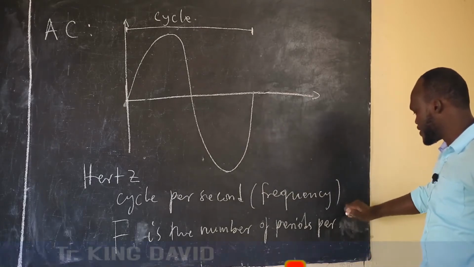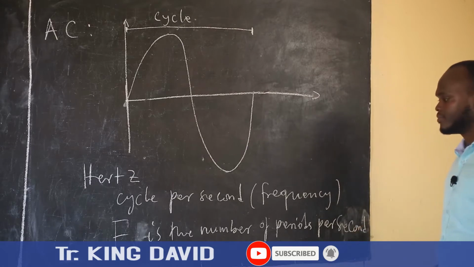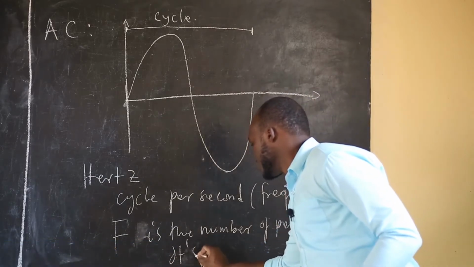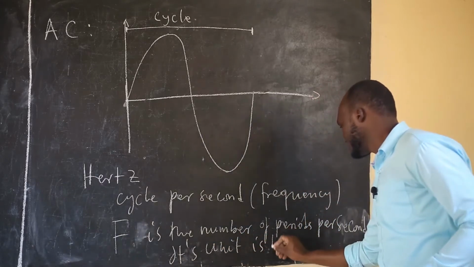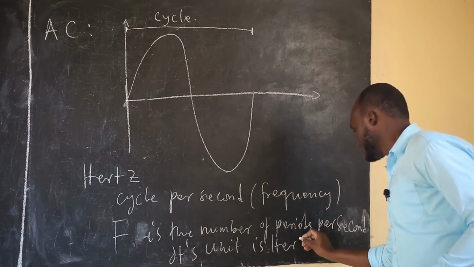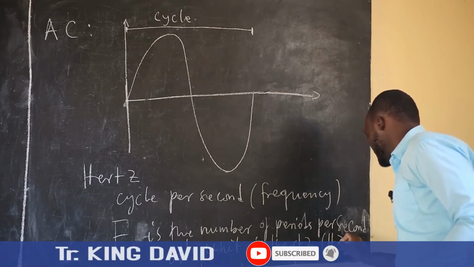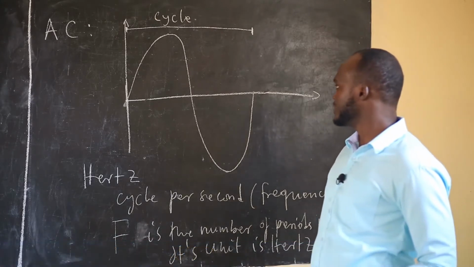It is the number of periods per second. That's frequency, where its unit is hertz, which is Hz. That's the unit of frequency.